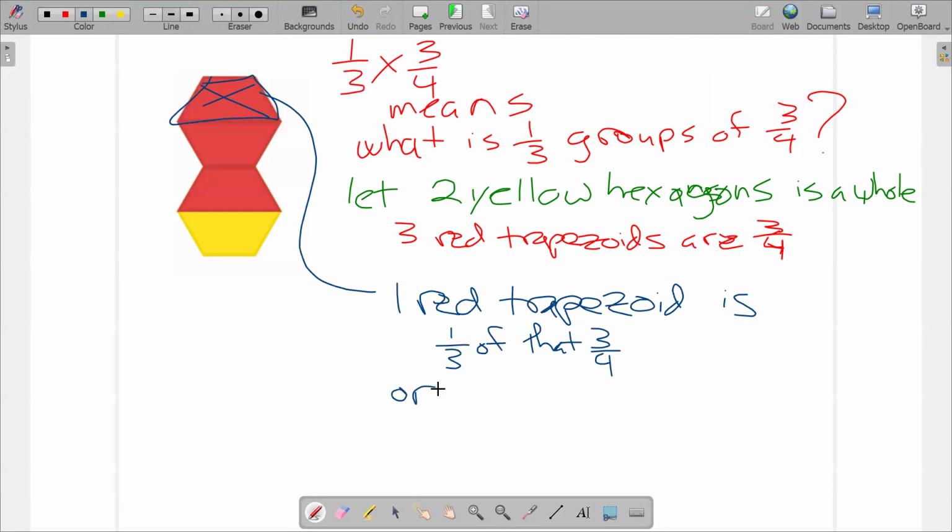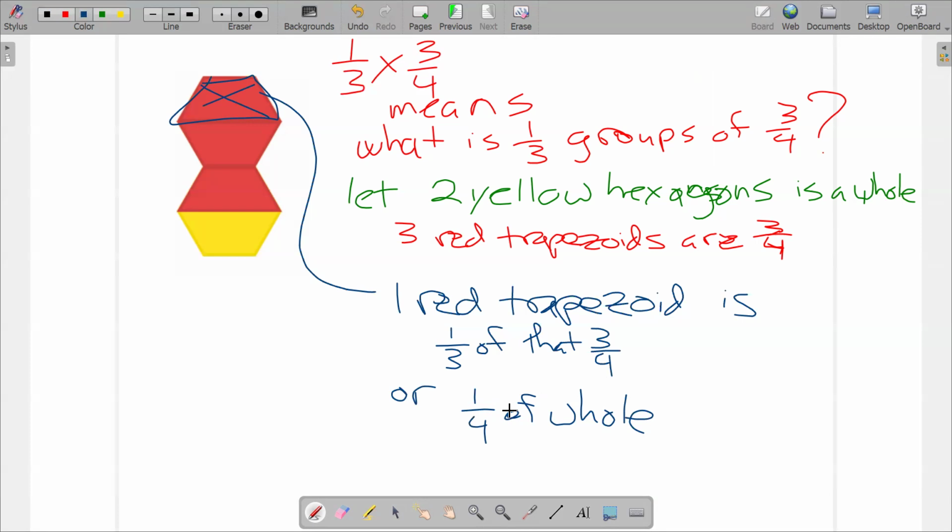Or I could say that one figure is 1/4 of the whole. It doesn't matter what I decide the whole is going to be, whether it's a square cake, whether it's a circle, whether it's 2 hexagons, it's always going to work out this way. The answer is always going to come out to be 1/4.